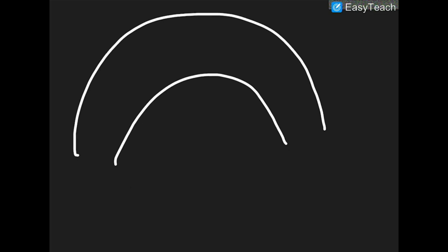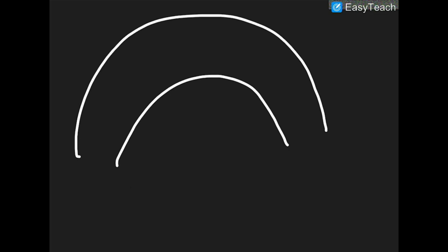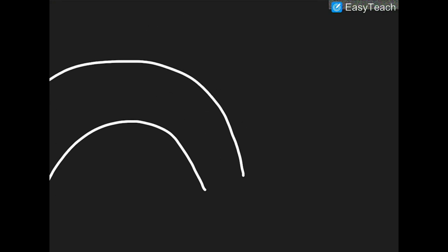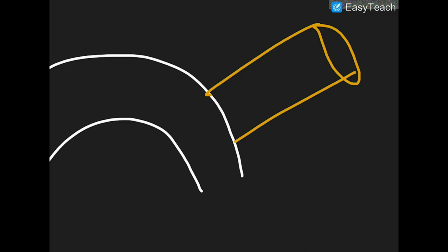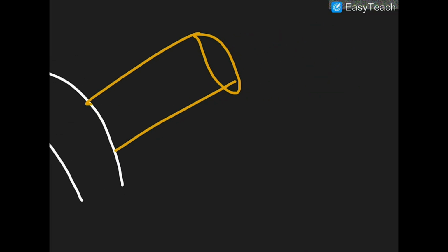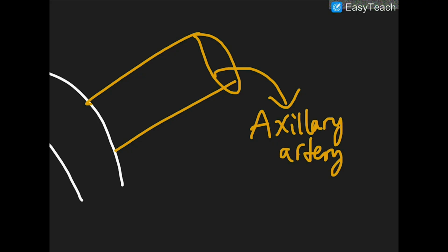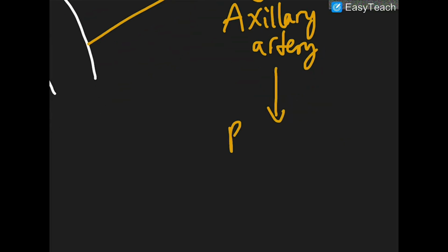Let's draw our aorta again, and we're going to draw our three branches. Let's take our left subclavian artery as an example. When your left subclavian artery goes down to your axillary region, it becomes the axillary artery, and then your axillary artery becomes your brachial artery.